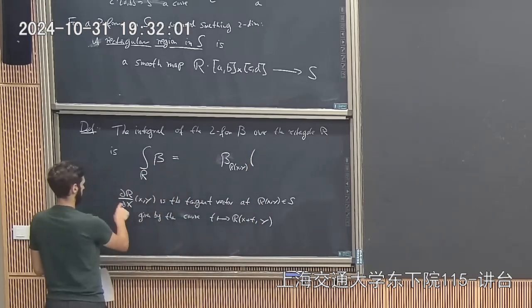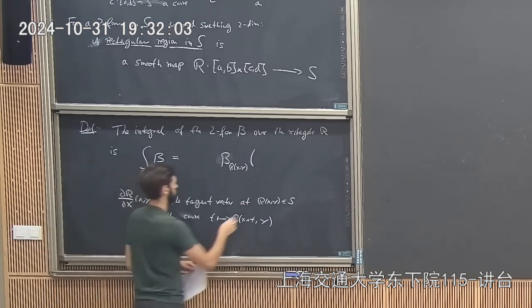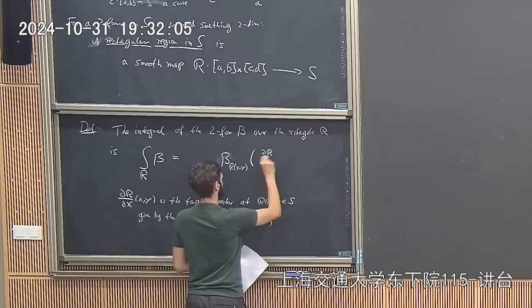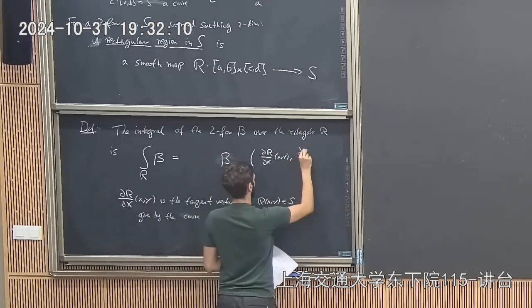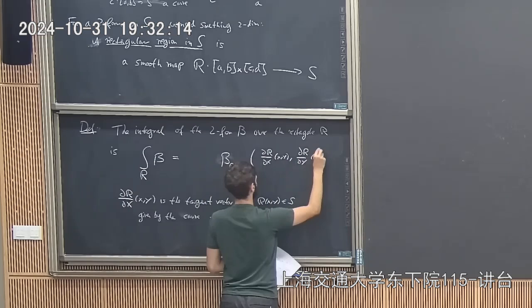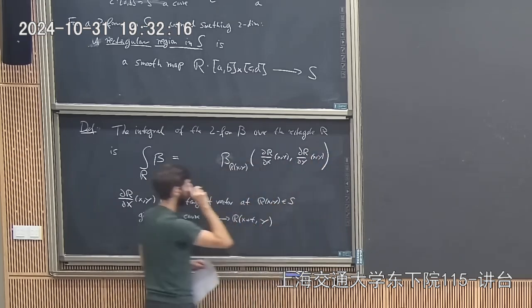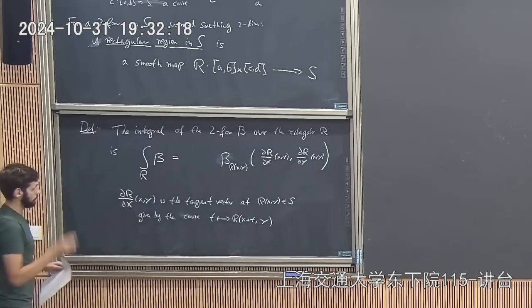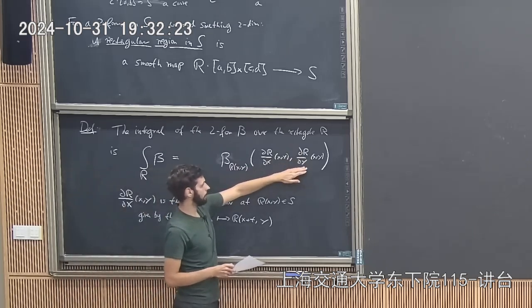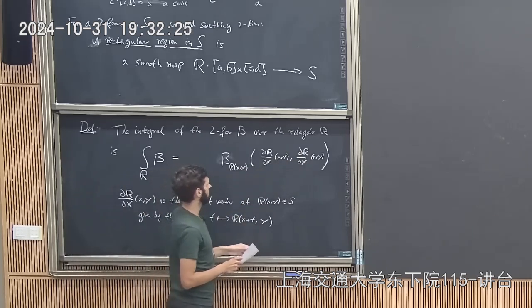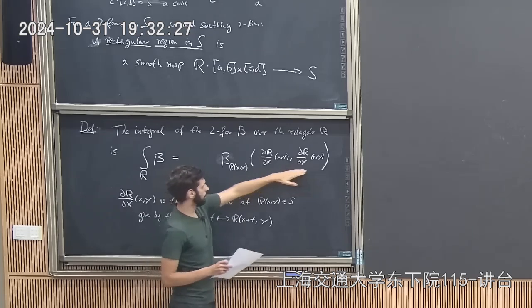What we do is we plug in the partial derivatives, the partial of R with respect to x and the partial of R with respect to y. This is a tangent vector, and similarly the partial of R with respect to y is a tangent vector. So this makes sense.